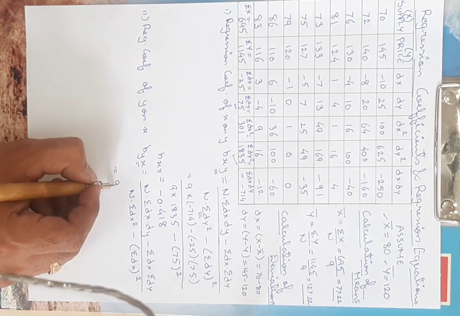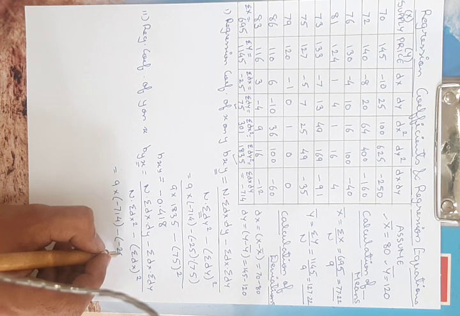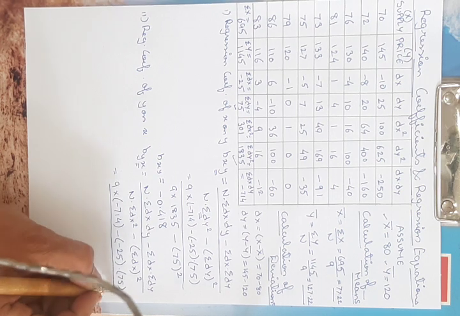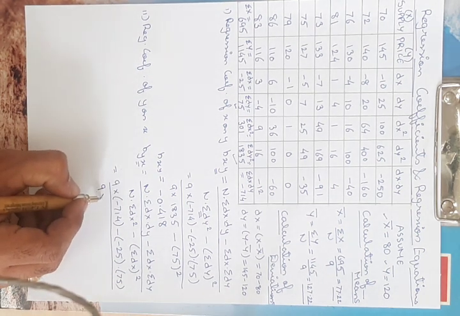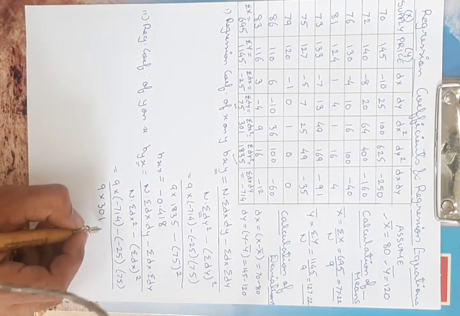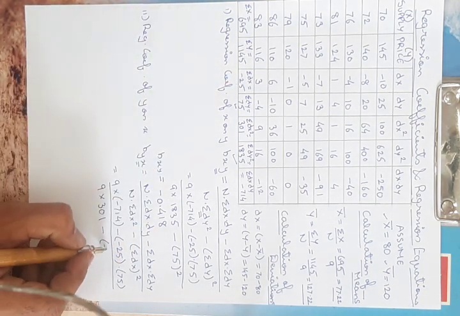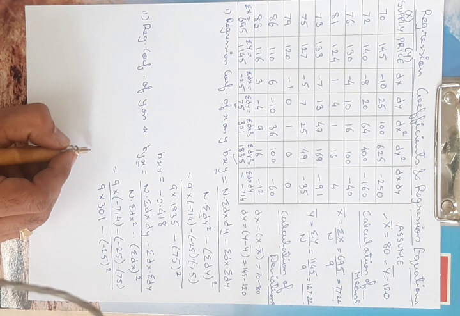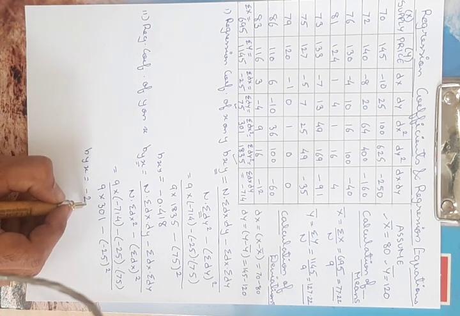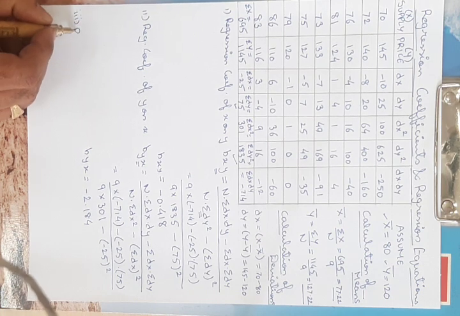This is 9 multiplied by minus 714 minus minus 25 multiplied by 75. The numerator will remain the same. The only thing is the denominator is going to change, that is 9 multiplied by summation of dx square, that is 301, minus summation of dx bracket square, that is minus 25 bracket square. So the value of byx comes out to be minus 2.184.